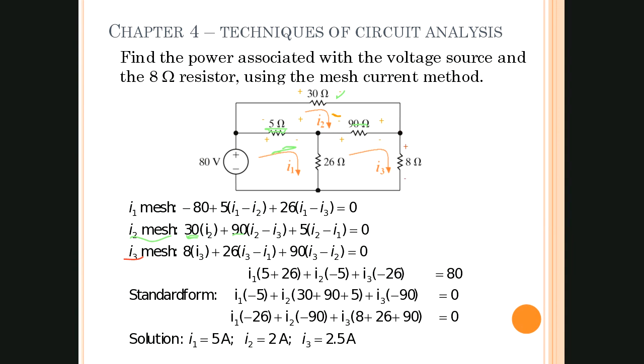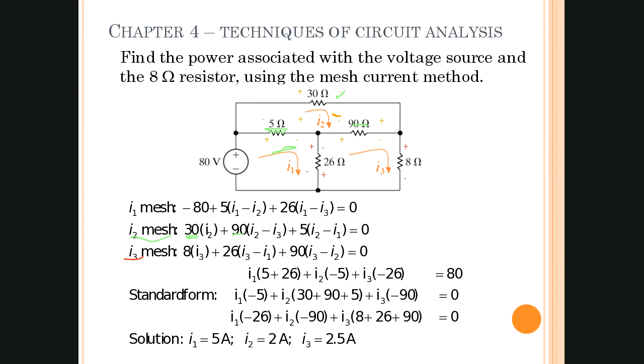And across this 26 ohm, we know that I3 is going from minus up on top and plus in the bottom. But I1 is going across that 26 ohm resistor in the opposite direction. So remember, this is going from plus to minus. Okay, and so we set up our sign convention for the entire circuit.